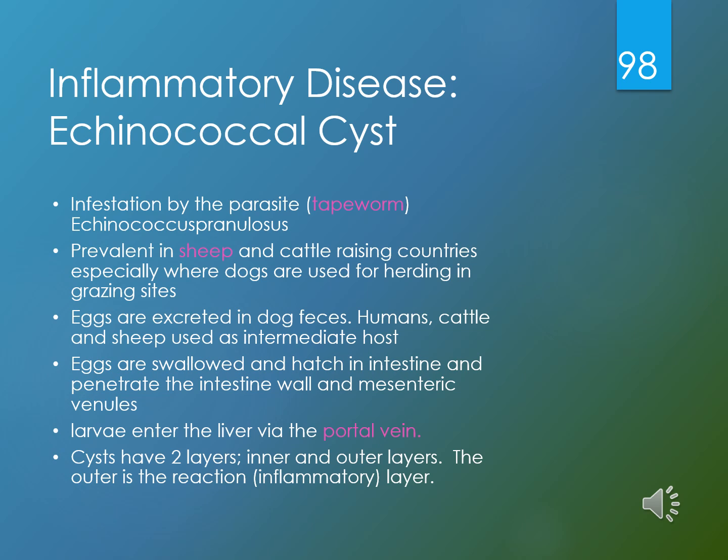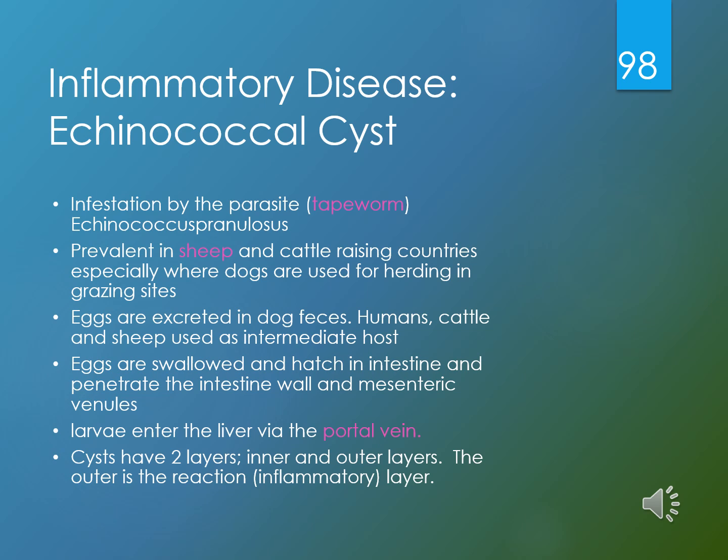So an echinococcal cyst or hydatid disease is caused by an infestation by the parasite, which is a tapeworm, called Echinococcus granulosus. It's prevalent in sheep and cattle raising countries, especially where dogs are used for herding and grazing sites. The eggs are excreted in dog feces. Humans, cattle, and sheep are used as intermediate hosts.